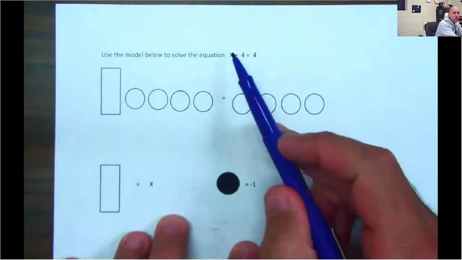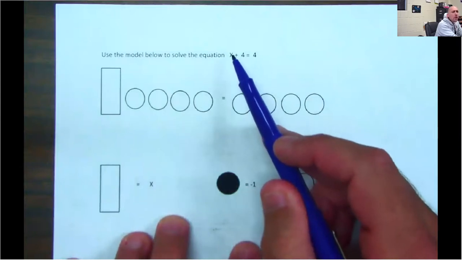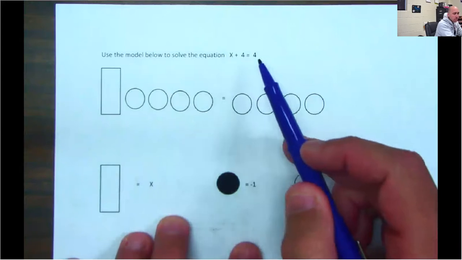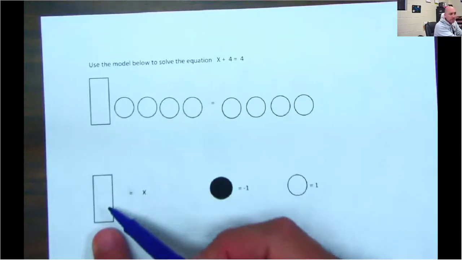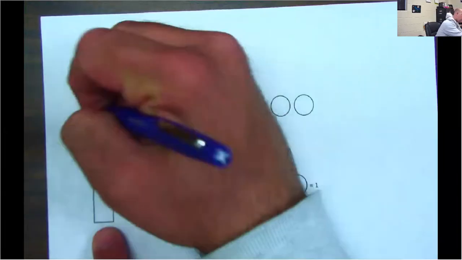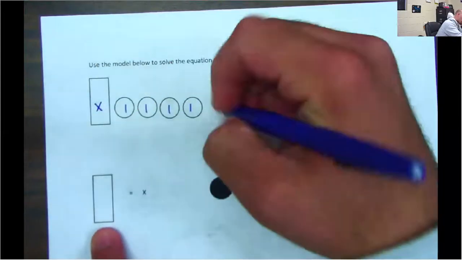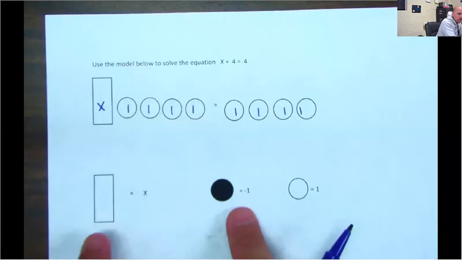So you read it like this: some unknown number x plus 4 is equal to 4. And here's our key. The big rectangle is x. The white circles are equal to 1. The black circles are equal to -1.